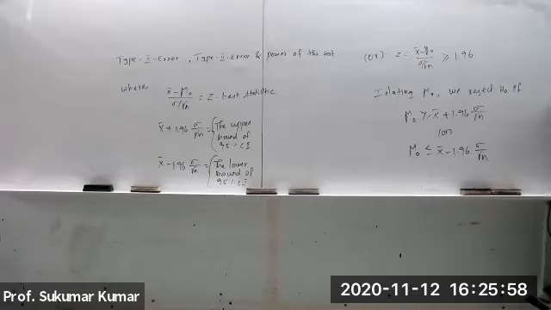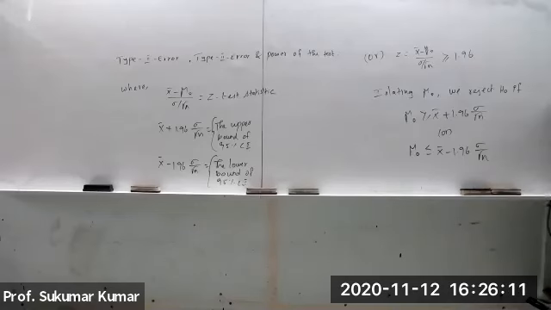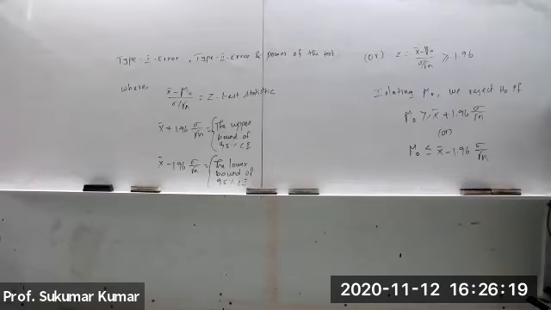Second, if mu naught falls within the confidence interval, then we do not reject the null hypothesis.